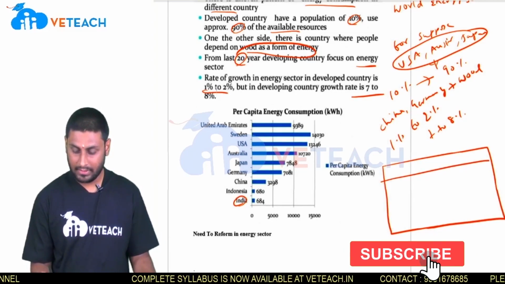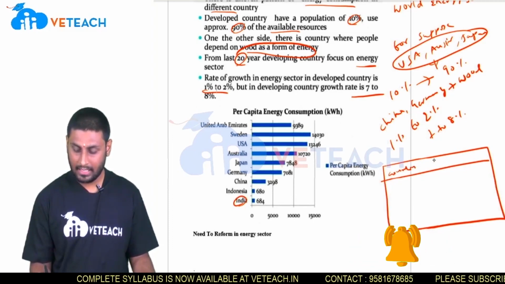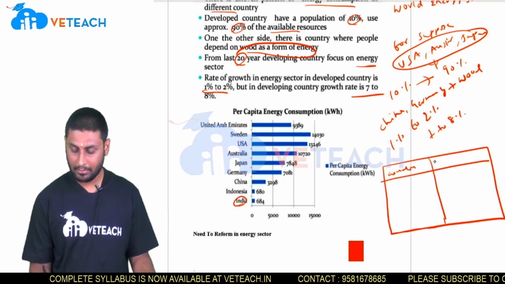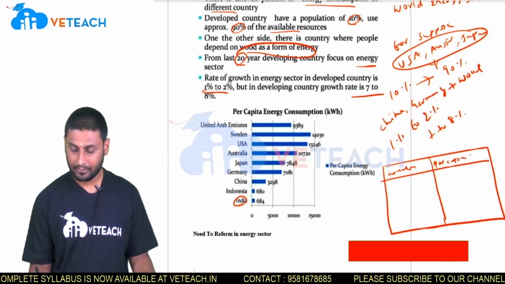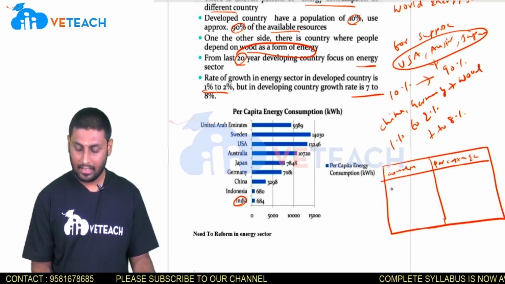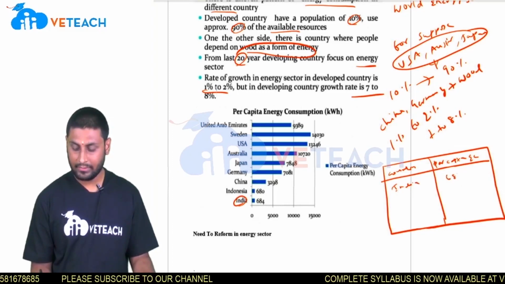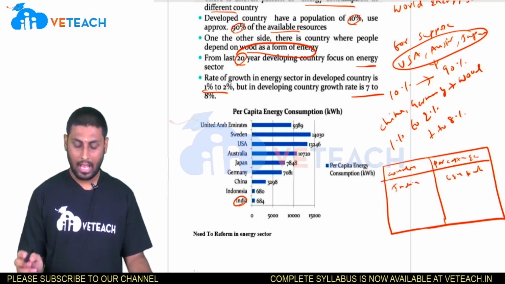This is the country, and this is the per capita energy consumption. First, we can take India. In India, only 684 kilowatt hour energy consumption is happening.